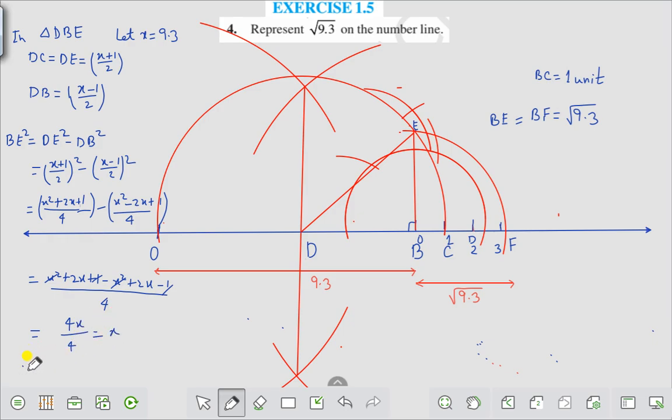Therefore BE is equal to root over x. That means we have taken the value of x as 9.3, so BE is equal to root over 9.3, and hence BF is also root over 9.3, right?